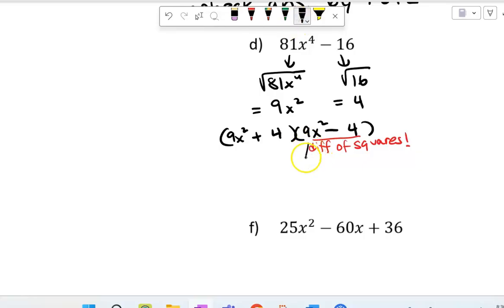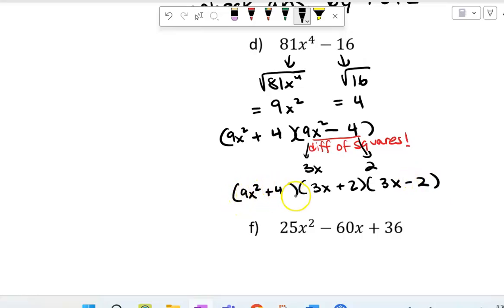So what you're going to do is you're going to do the same exact process. You take the square root of 9x squared and get 3x. You take the square root of 4 and you get 2. One will get a plus. One will get a minus. And don't forget, 9x squared plus 4 is still hanging on in the front. So this did not go away.